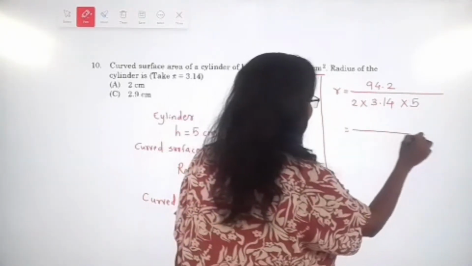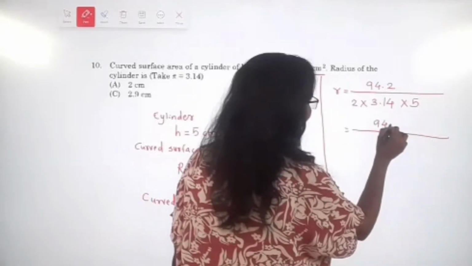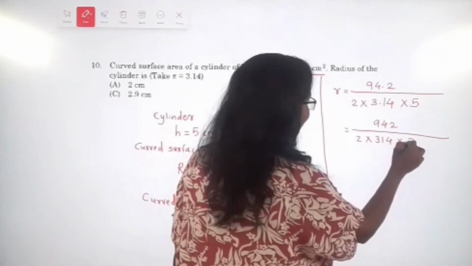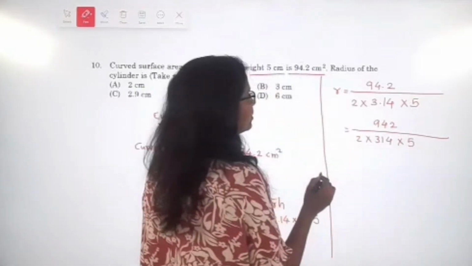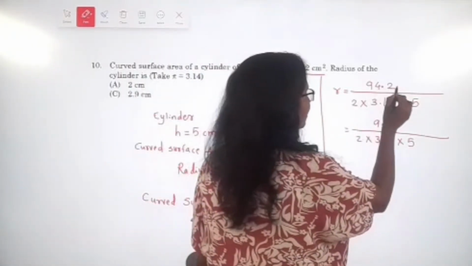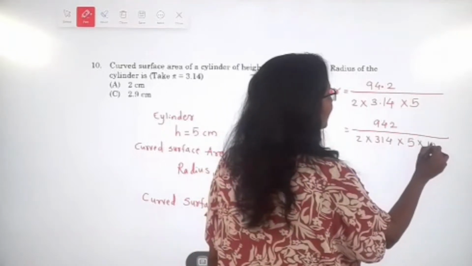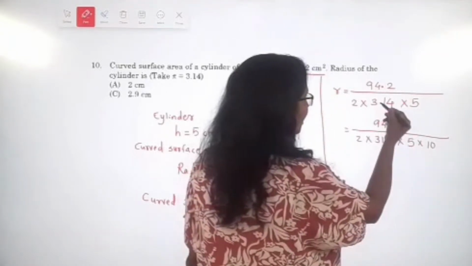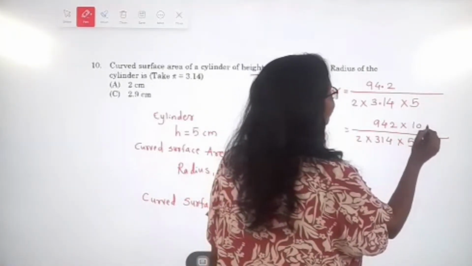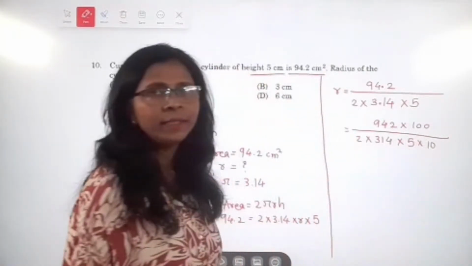I further simplify this as 942 over 2 × 314 × 5, because 94.2 has 1 decimal place, so I write 10 in the denominator, and 3.14 has 2 decimal places, so I write 100 in the numerator.